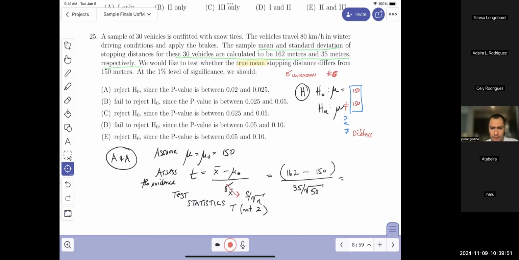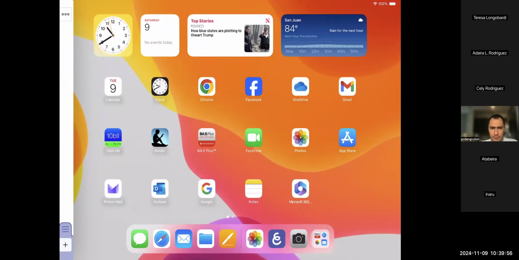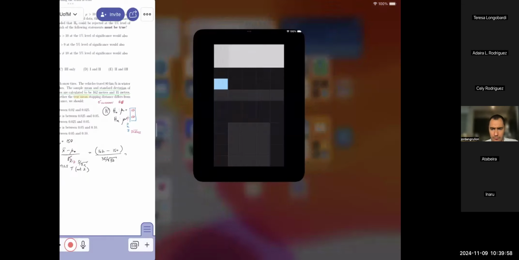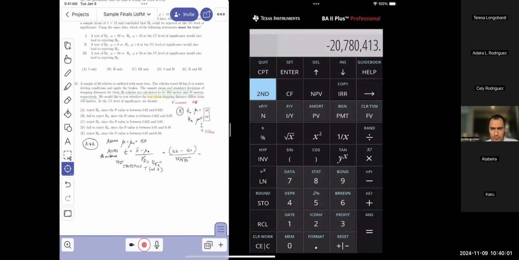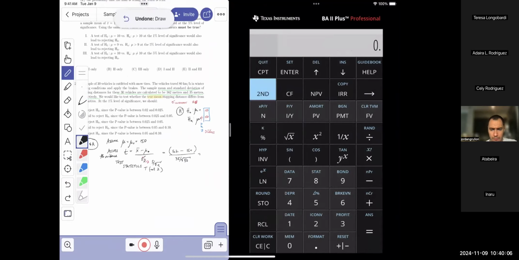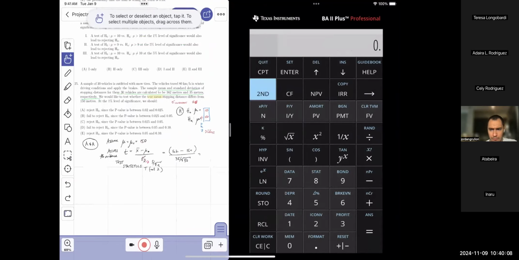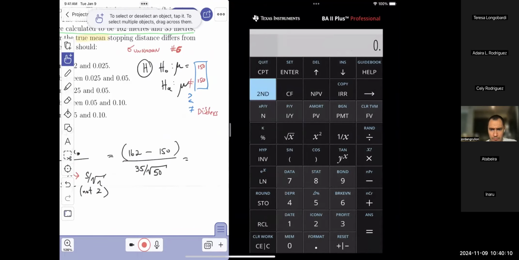I'll show you what I do: 162 minus 150, equals, and then I divide by 35 and multiply by the square root of 50.